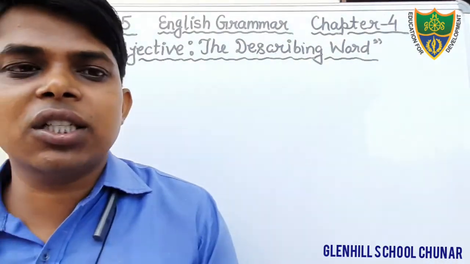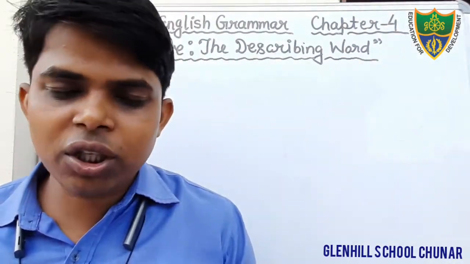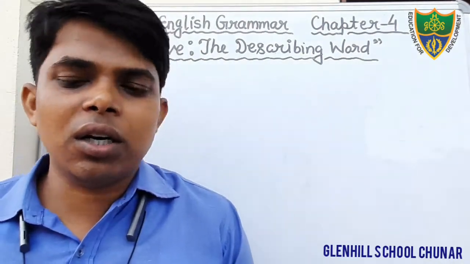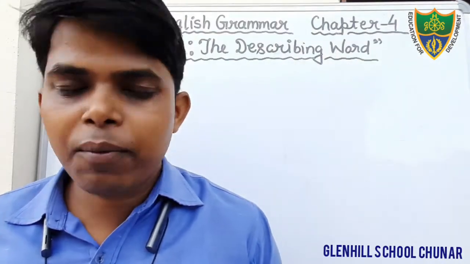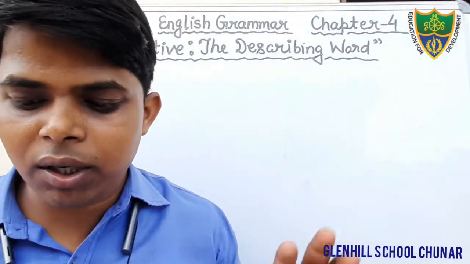Dear students, in exercise number third I had given the homework. Okay, 2 questions I had given as homework. Here in question number third you have to fill the positive degree. There are 3 columns given in question number third.